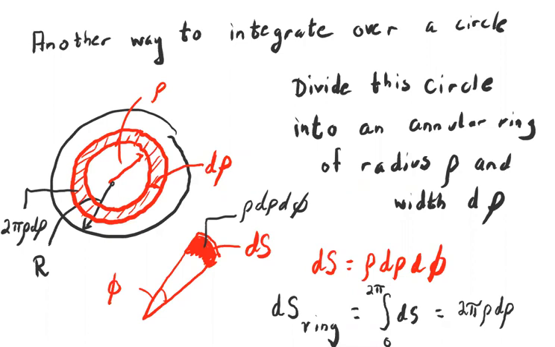Now, I'm not finished. I wanted to find what the area of this circle is. Well, the idea is if I know what the area of this annular ring is, and I just add all these guys up from 0 all the way out to the radius of the circle r, I will get the total area of the circle of radius r. So in fact, let's see if that's exactly true.